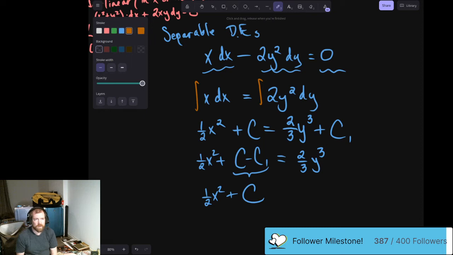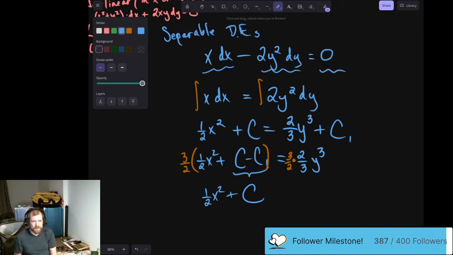Okay, and then we can also take our 2/3 that we had here and say that we're going to multiply this by 3/2, because we're just trying to combine everything. This ends up getting us a 3/4 as the coefficient up front.